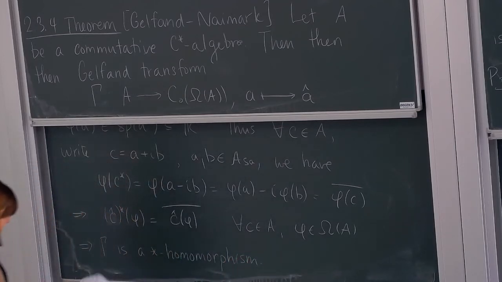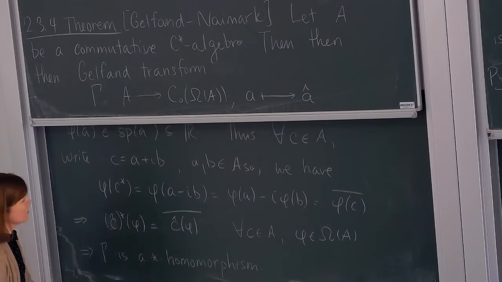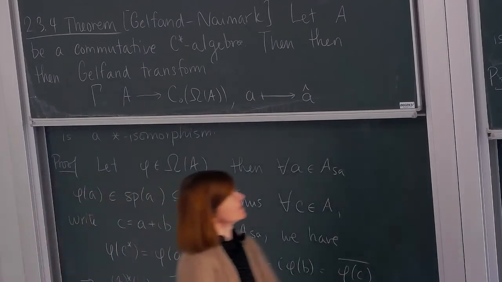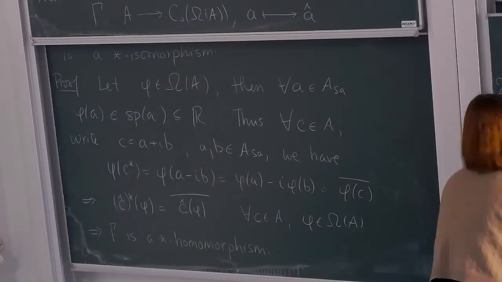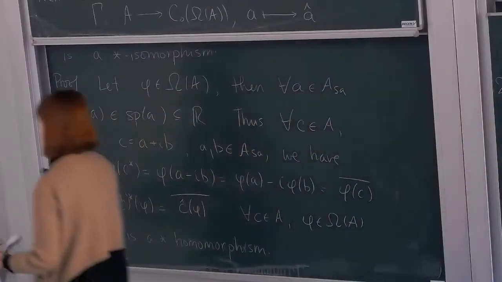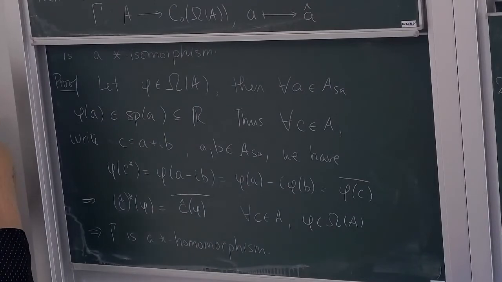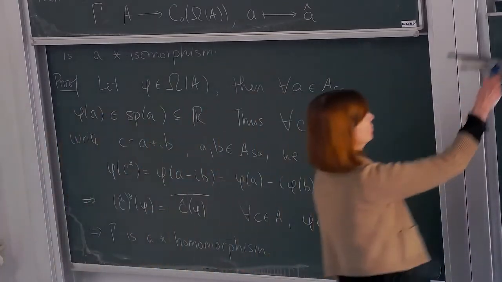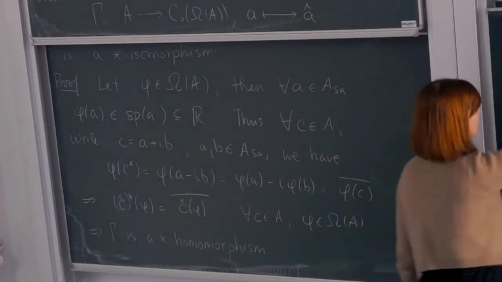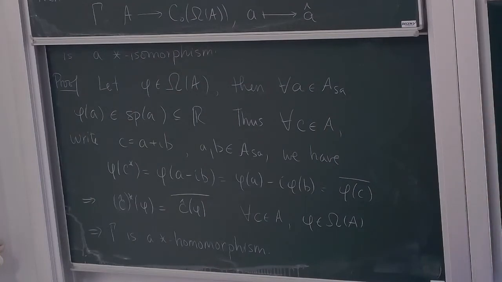So we would like to show that it is bijective. And for that, it is enough to show that it is isometric and surjective.